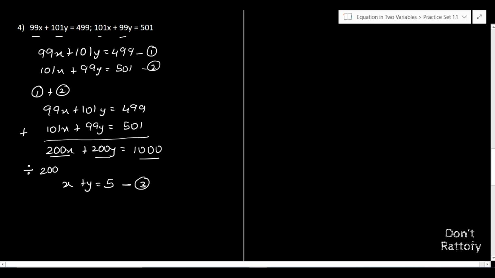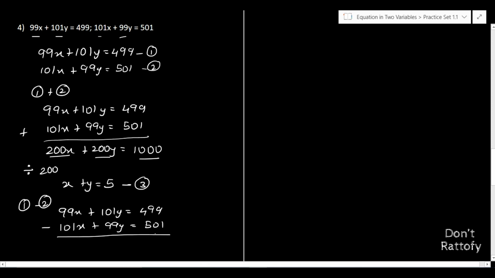Fine. Now as I did add both the equations, now I am going to subtract both the equations. So what I will do is equation 1 minus equation 2. So I will have 99x plus 101y is equal to 499 minus 101x plus 99y is equal to 501.